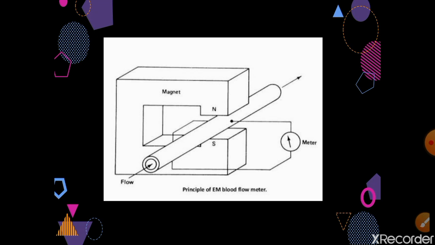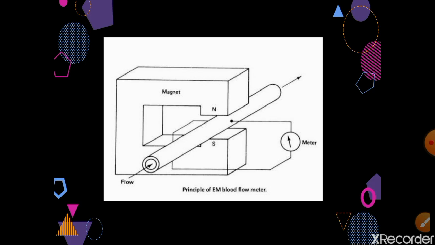To estimate the blood flow by this method, the blood vessel through which the blood flow is to be estimated is exposed and placed between two poles of a very strong magnet. Then, two electrical electrodes are placed on the opposite sides of this blood vessel. The placement of the electrodes must be such that it is perpendicular to the fields of the magnet.